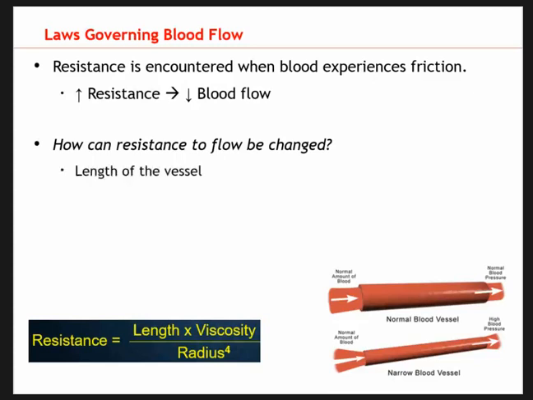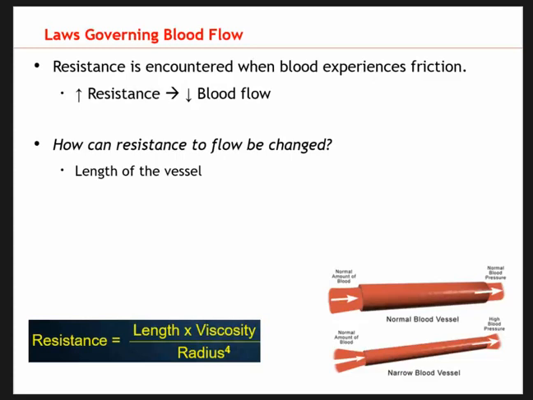First is the length of the vessel. So think about, and this is talking about just an artery, when does that length actually change? It only changes during growth. So think about growing from a child to an adult. Your vessels are lengthening, they're getting longer.